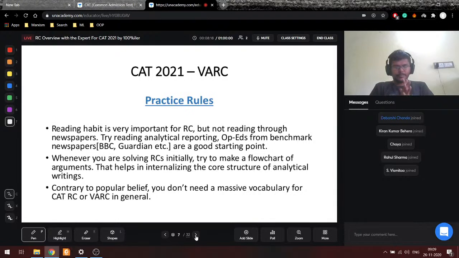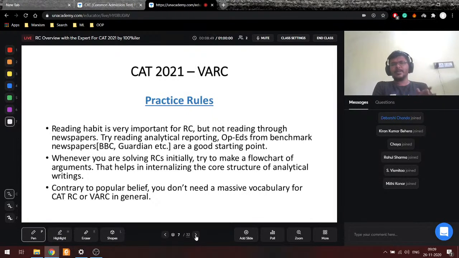So you can think of RC sections in CAT like a case study but with much less data, much less numbers. It presents you with a situation and tests how you approach the analysis, how you can pick up information from an English passage, which would be very important going forward in the business world.